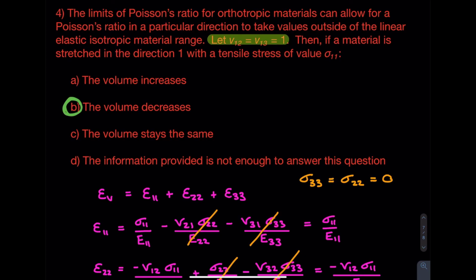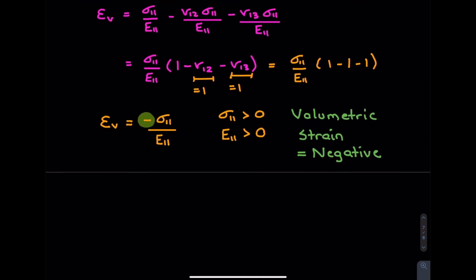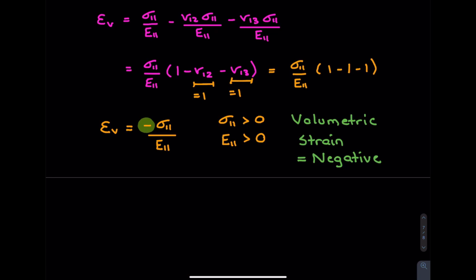If we weren't given that juicy piece of information right here, V12 and V13 is equal to 1, we could not solve this problem. It was only because we knew what V12 and V13 are that we were able to solve this problem. So if we weren't given those, then we actually wouldn't have enough information. However, since we were generously given those pieces of information, we could solve this question.